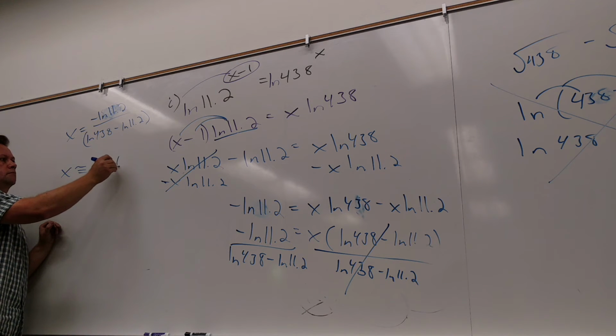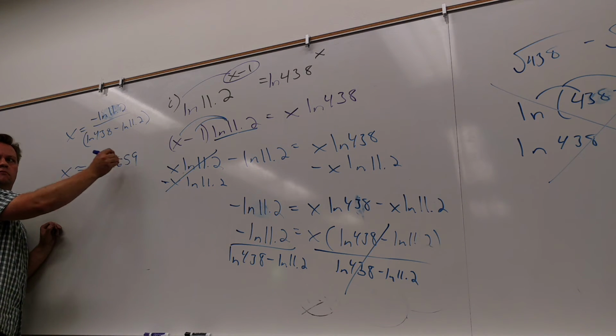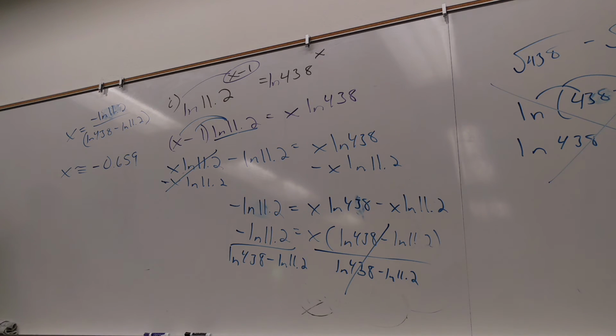I got negative .659. Is that what somebody else got? I got .6115. All right, let's see. I've got dissension in the ranks, so let me see what I get real quick while this thing is warming up.